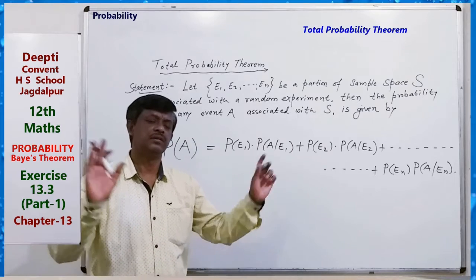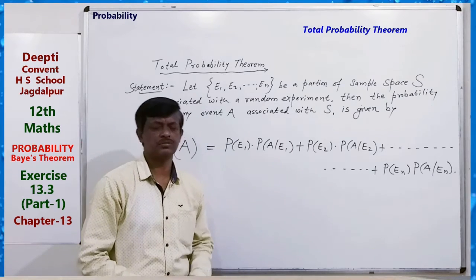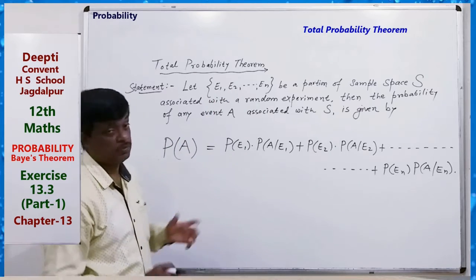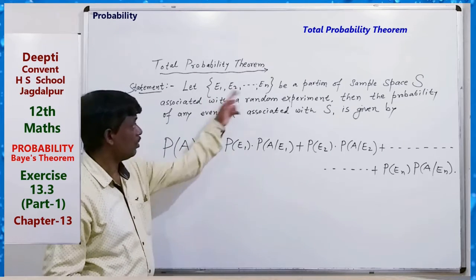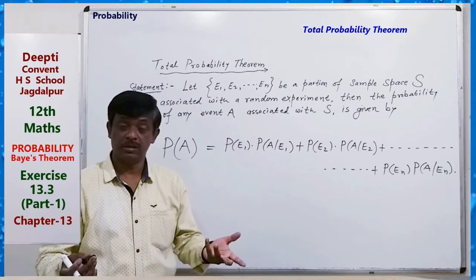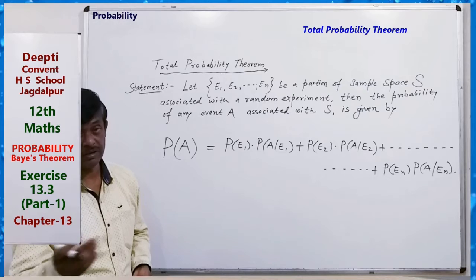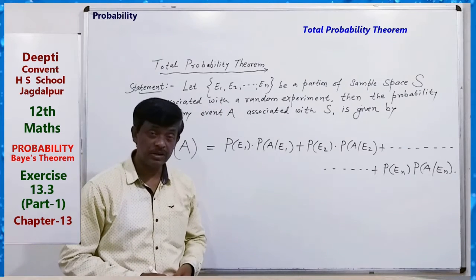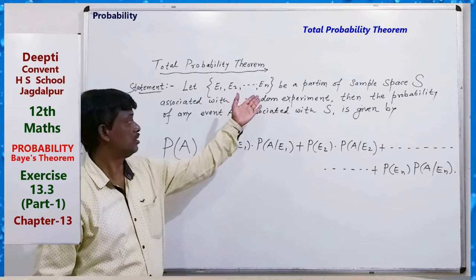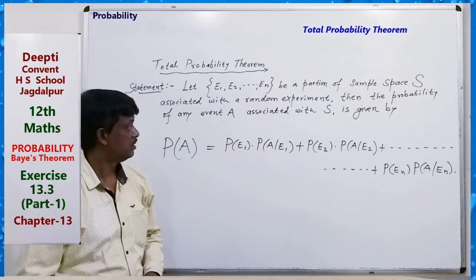A partition means all the events E1 to En have non-zero probability, that means non-empty, pairwise disjoint, and exhaustive, that means the union of all is equal to S.